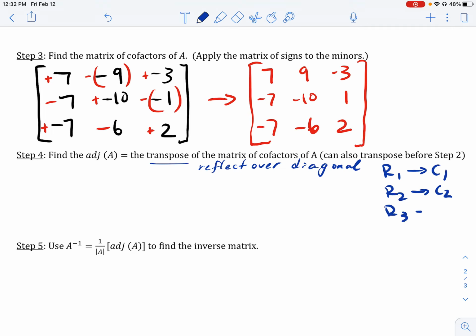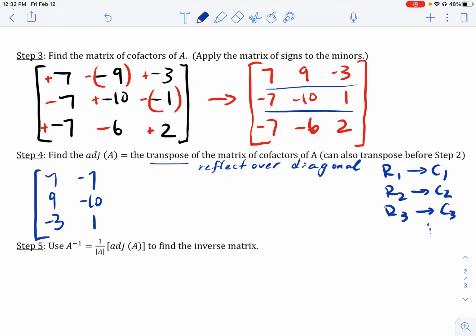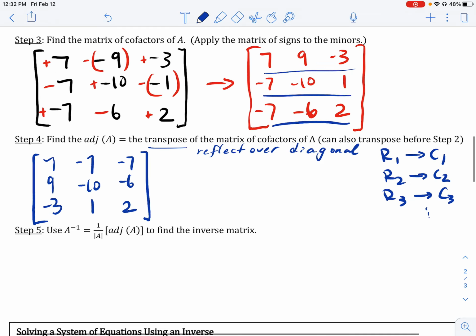Your third row is going to become your third column, and so on, right? So we're just going to flip these rows over the diagonal. This row 1, which was 7, 9, -3, becomes my first column. This row here becomes your second column, and this row here becomes your third column. And I promise you, we are just about done, okay?